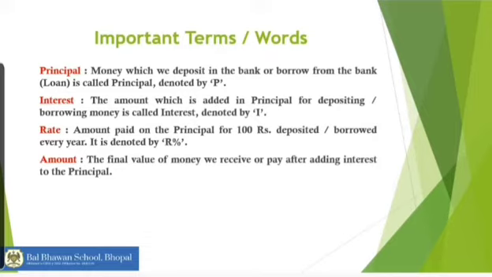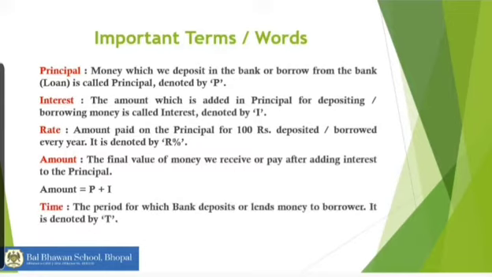So the amount which he deposited earlier plus the amount which he gets as interest together forms the amount. The formula of amount is principal plus interest, or A equals capital P plus capital I, which are the short forms of principal and interest.